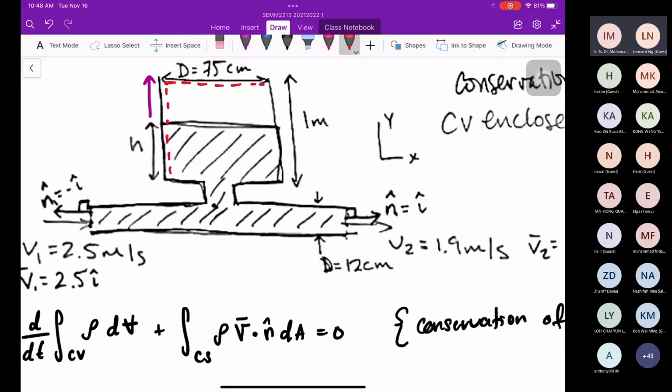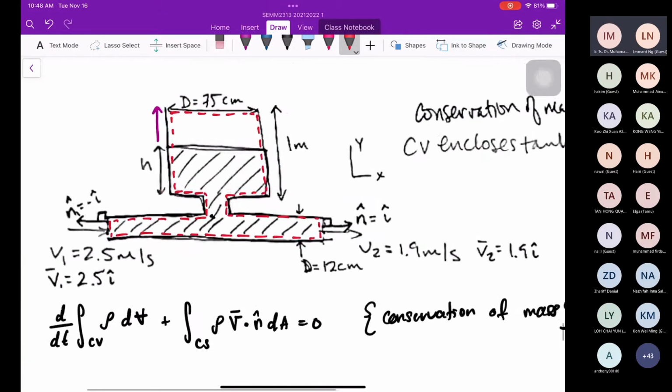It will not change at all. What will be the change?